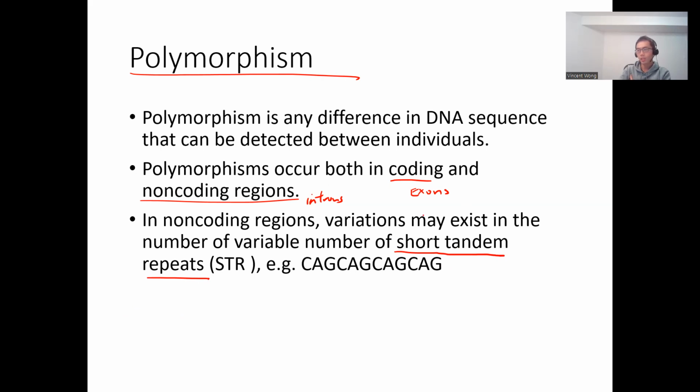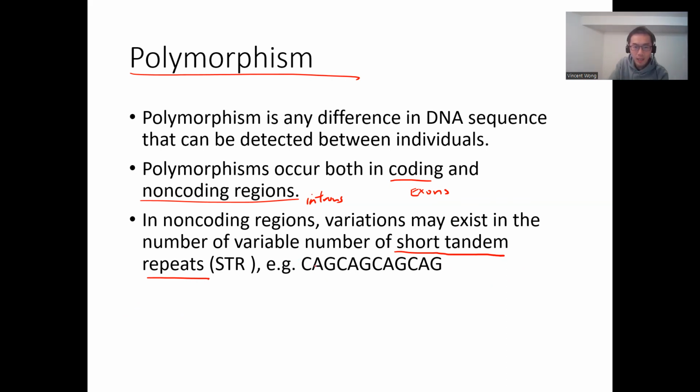Short as in a few nucleotides long, like 3 nucleotides, 4 nucleotides. That's short. Tandem is one after another. If you walk in tandem, that means you're lining up one behind the other, right? And repeats is repeating itself.